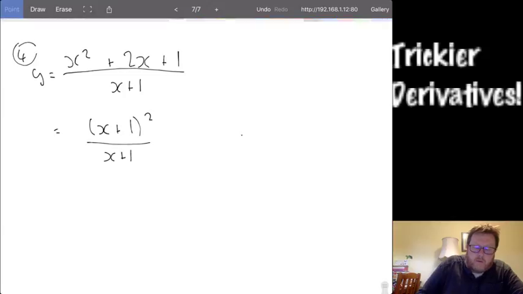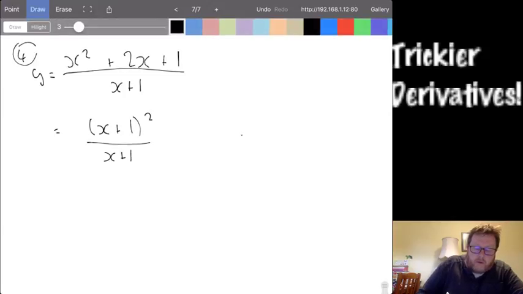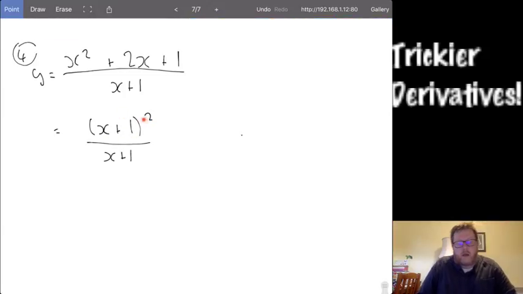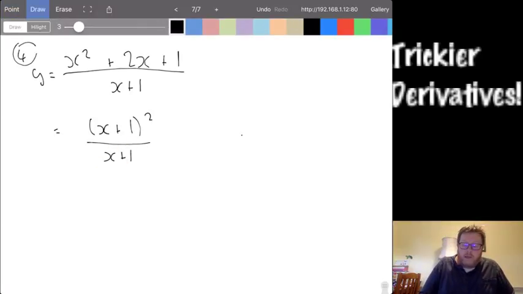So we've got this squared over this expression here, and I can cancel down one of the x plus 1s on the bottom with one of the x plus 1s on the top, which effectively just gets rid of that square. I hope that makes sense.